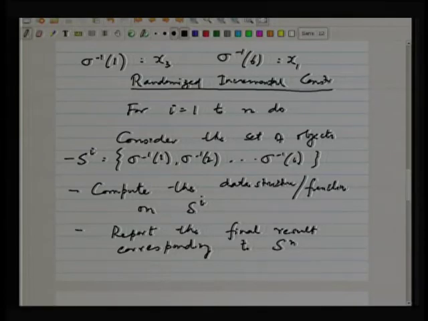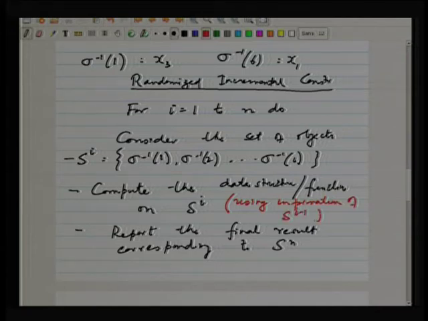I did not say much about the data structure, but when we are computing the data structure function S of i, what is implicit is that we are doing some updates from S i minus 1, using information of S i minus 1.